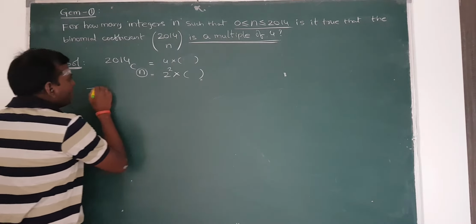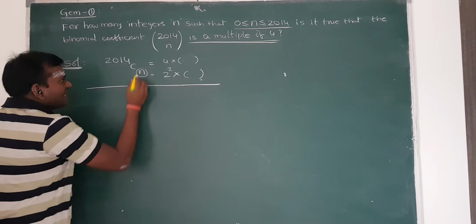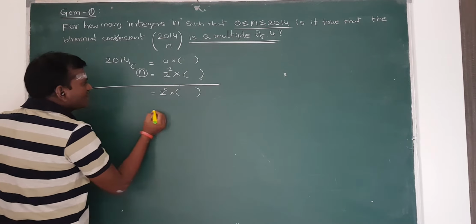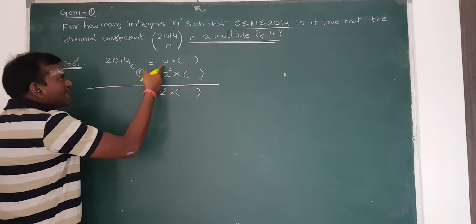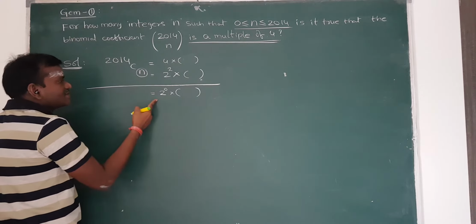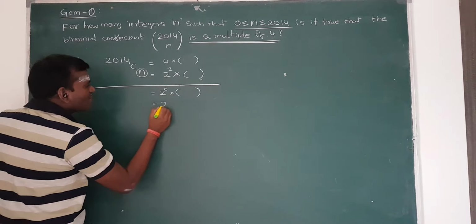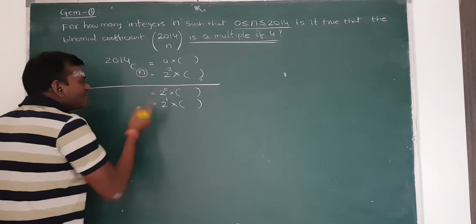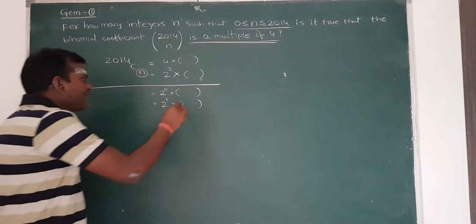So I will find out here. If this value has 2 power 0 into something, that means it is not a multiple of 4. Am I right? And also, if it has 2 power 1, then this number is also not a multiple of 4. So I will find these two.